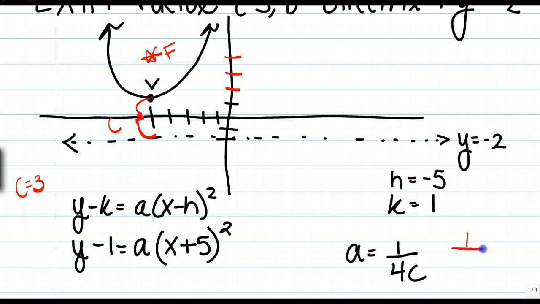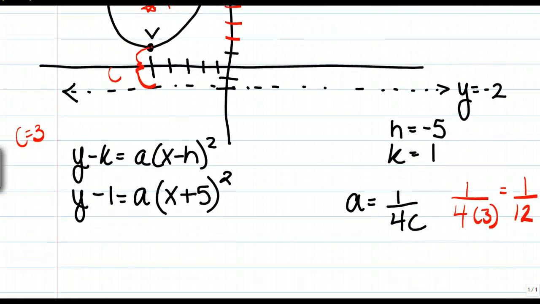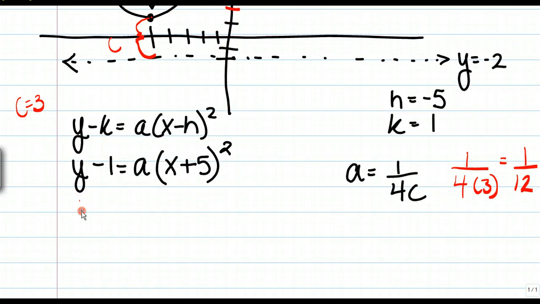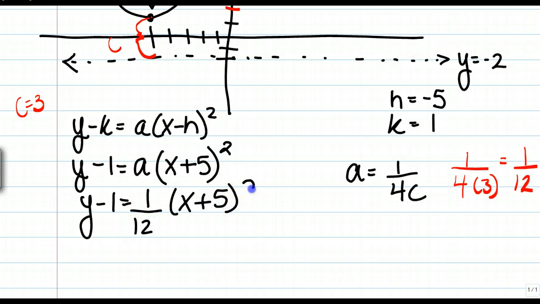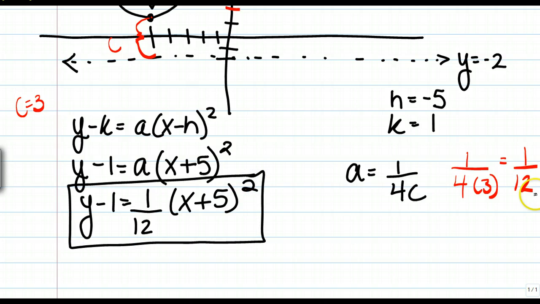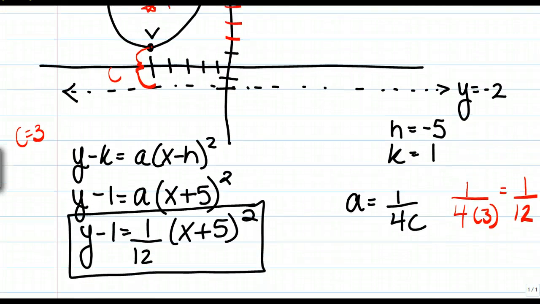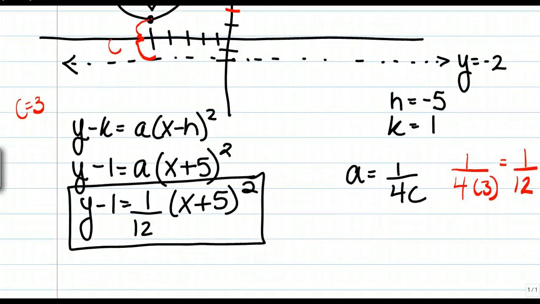So let's plug in 3 for c, and our a is 1/12. So I'm going to have y minus 1 equals 1/12 x plus 5 squared. And that is the equation of our parabola. Given the vertex and the directrix, we were able to find it.